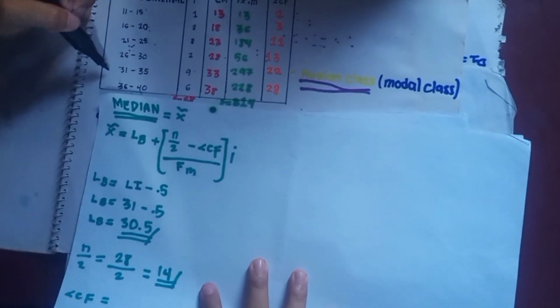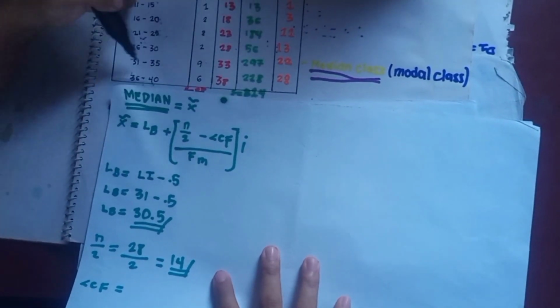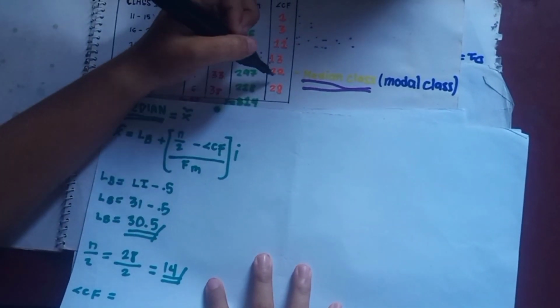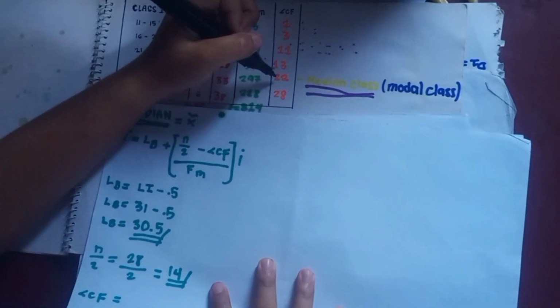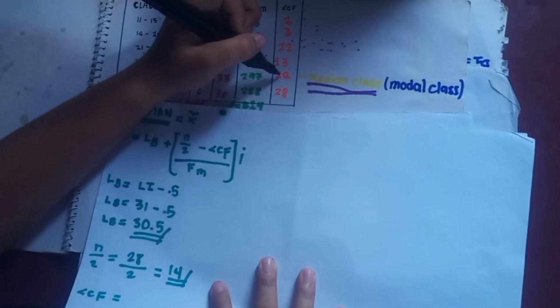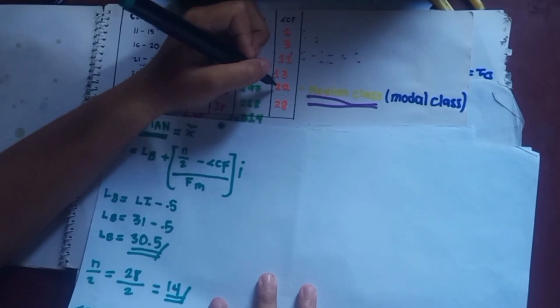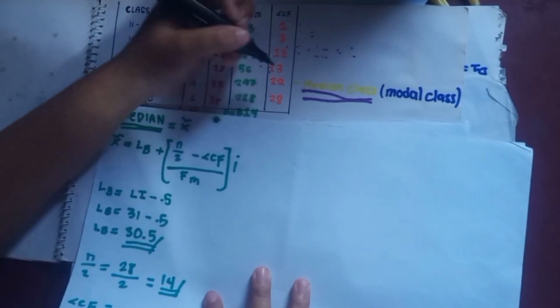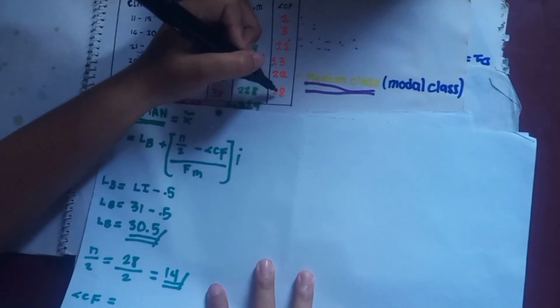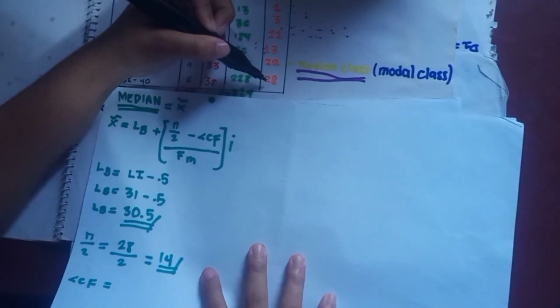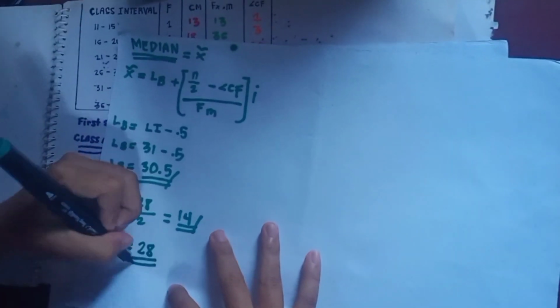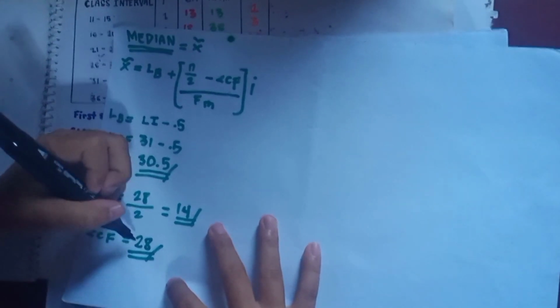So here in our table, the cumulative frequency of the median class is 22. Like I said, the cumulative frequency that we have to get is the one below our median class. So below 22 will be 28. So 28 will be our cumulative frequency.